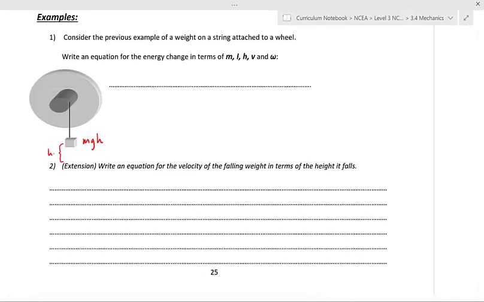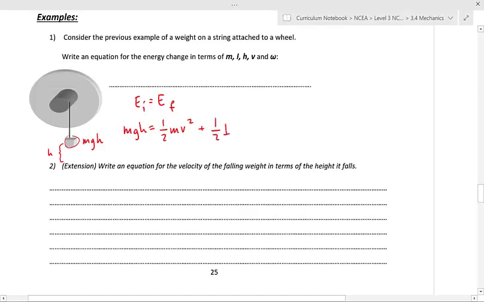So E_i must be equal to E_f. And E_i is just mgh. That's the energy that the system starts with. Nothing's moving to begin with. The only energy there is the gravitational potential energy of the dangling mass. When it's allowed to fall, that's going to get converted into two things: half mv squared of the little mass, plus half I omega squared, which is the rotational kinetic energy of the wheel.